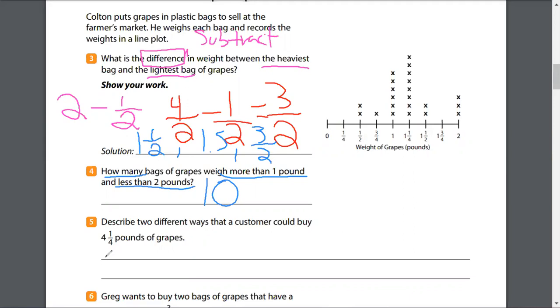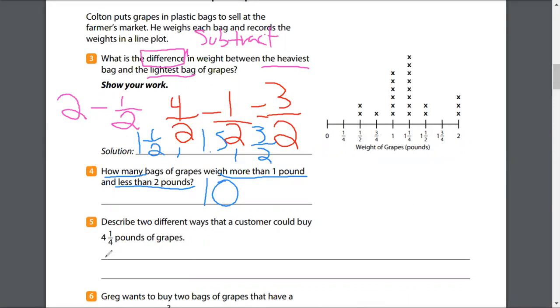Number 5. Describe 2 different ways that a customer could buy 4 1/4 pounds of grapes. Now, this is an answer that is definitely going to vary, and you can answer it however you want to.